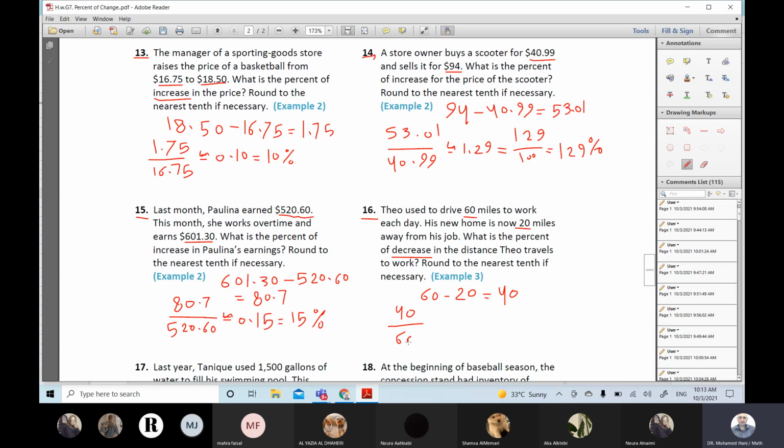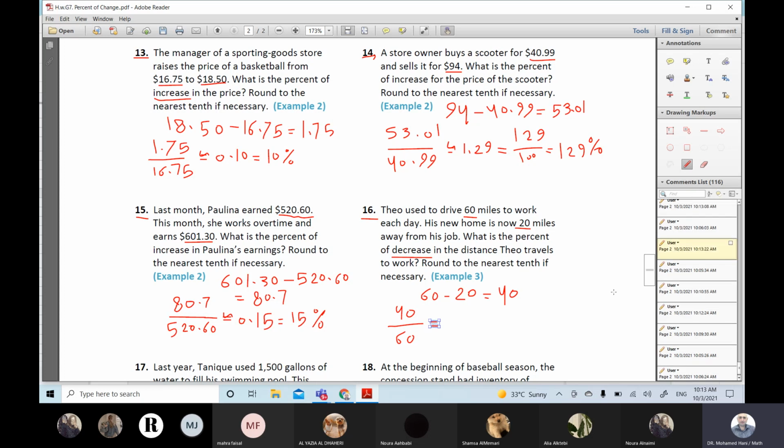Always the original number, the number before the increase or decrease. So now we want to divide 40 divide by 60. The answer will be about 0.66. And as a percent will be 66%.